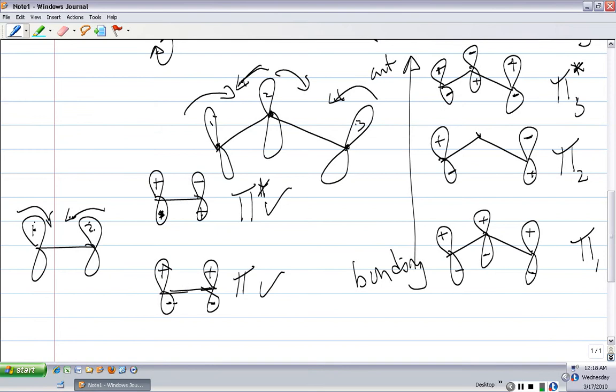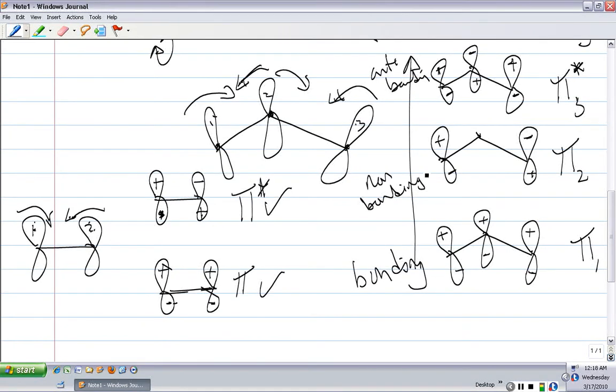Pi 3 star is anti-bonding. The question is, what is pi 2? Pi 2 is neither bonding nor anti-bonding. Pi 2 is non-bonding. This is a new type of orbital. And a non-bonding orbital is one that doesn't contribute to bonding, but doesn't detract from it either. Right? It neither helps nor hinders.